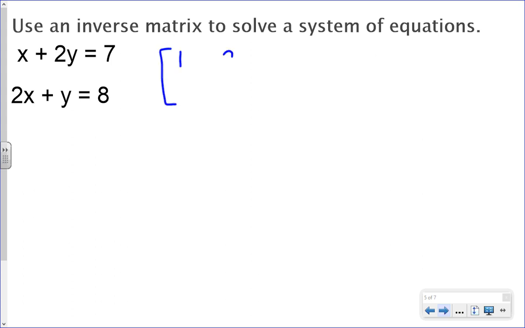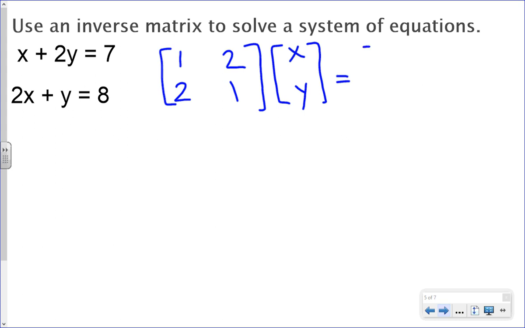So you can write what is called the coefficient matrix. So just take the coefficients from x, y, and z if applicable. You're going to multiply it by your variable matrix. And it will equal your constant matrix.